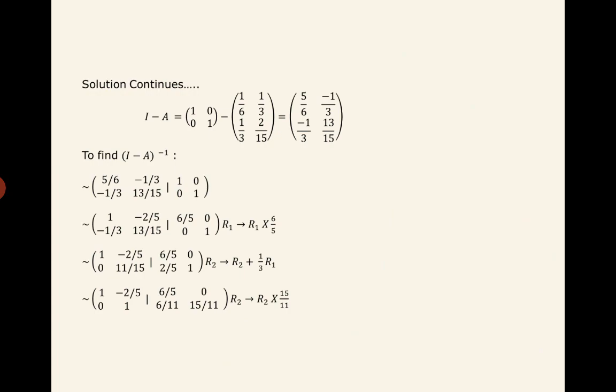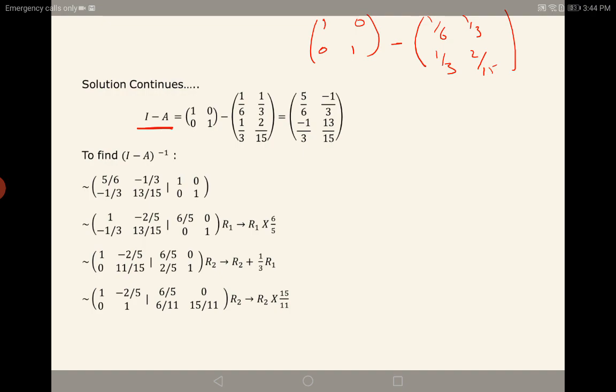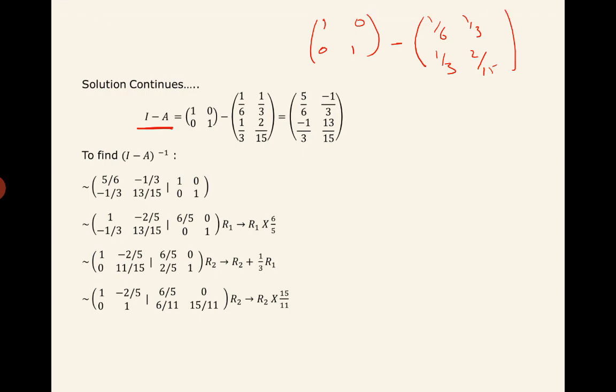I is 1 0 0 1 minus A, 1 over 6, 1 over 3, 1 over 3, 2 over 15. Term by term subtraction: 1 minus 1 over 6 is 5 over 6. 0 minus 1 over 3 is minus 1 over 3, and again minus 1 over 3.